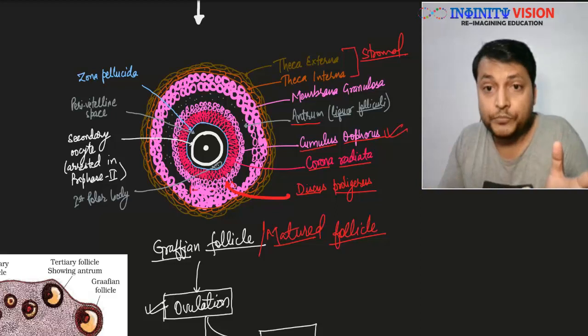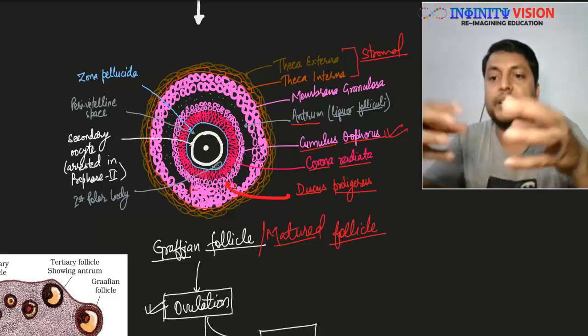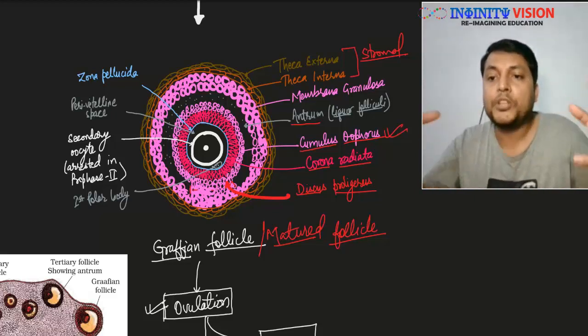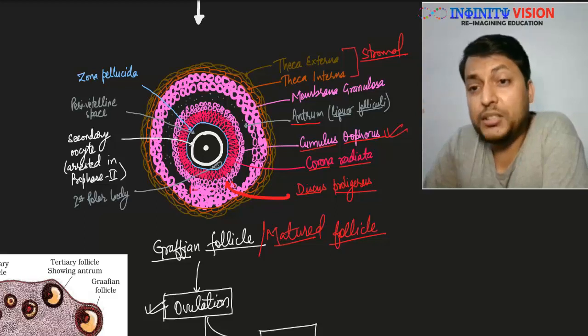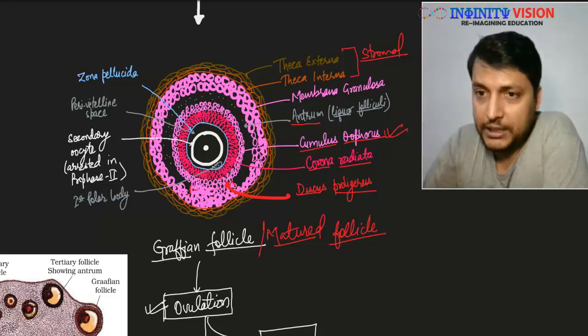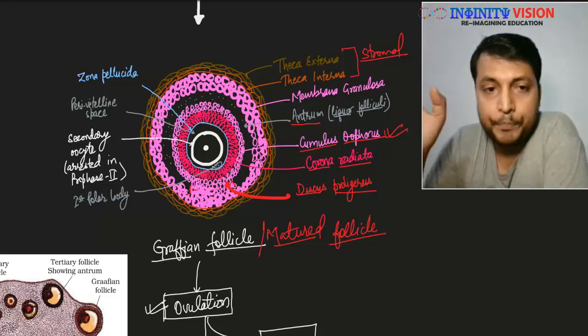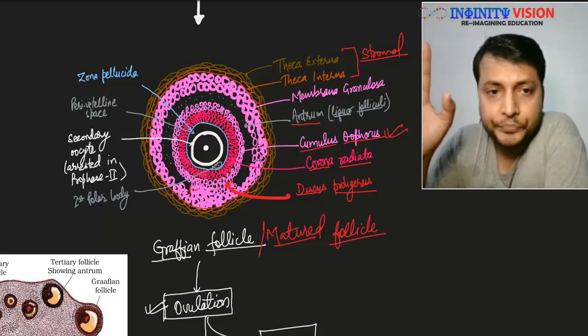Corona means crown, and radiata because they are spike-like, appearing to radiate outside of the oocyte. They are present in 2 to 3 layers of cells. Great.